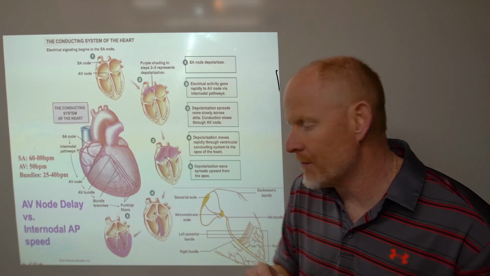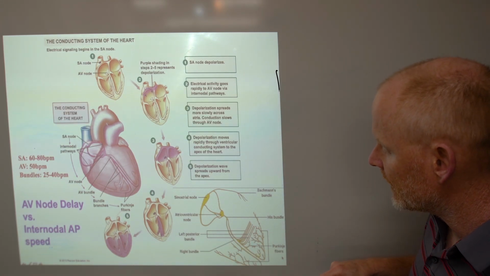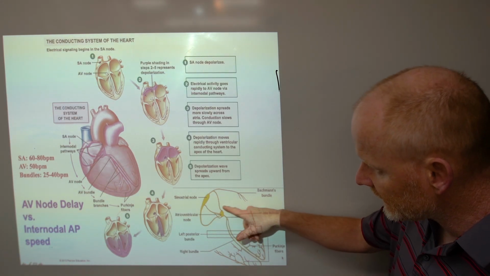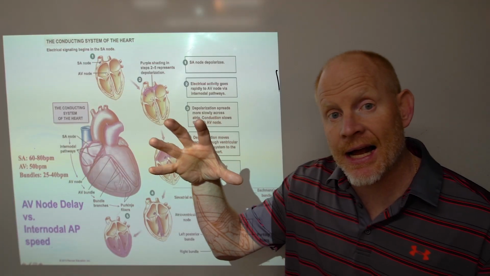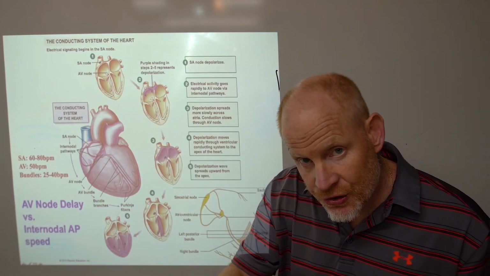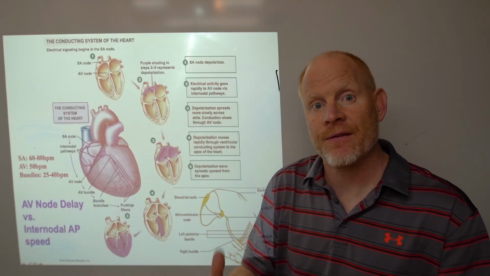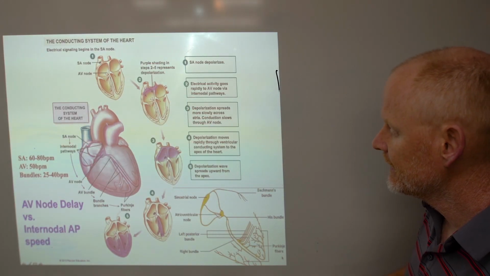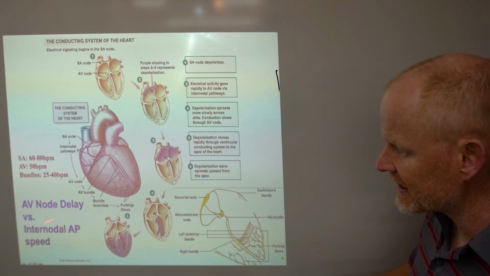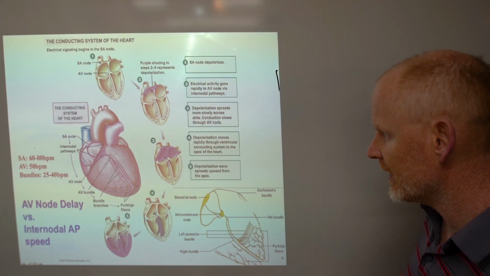And so they open a little bit slower than the SA node channels do. That causes the AV delay, which allows the atria to completely contract and eject their blood and relax before the ventricles start contracting. The internodal speed is much faster, so we got to have that AV node delay.